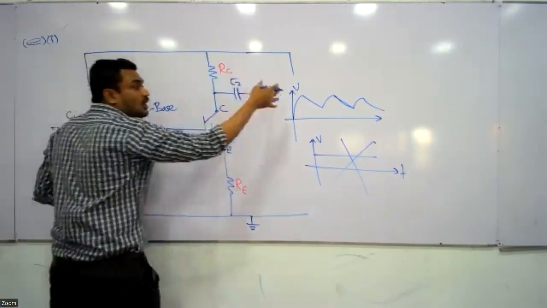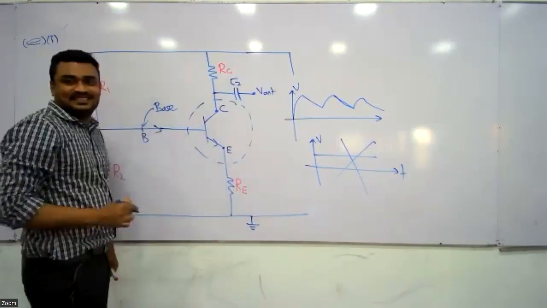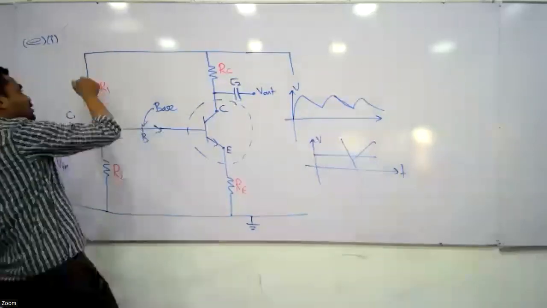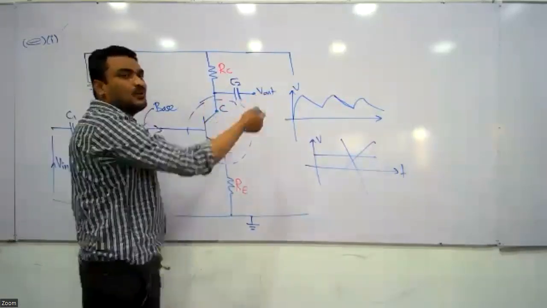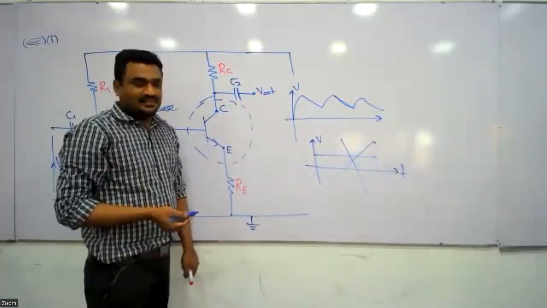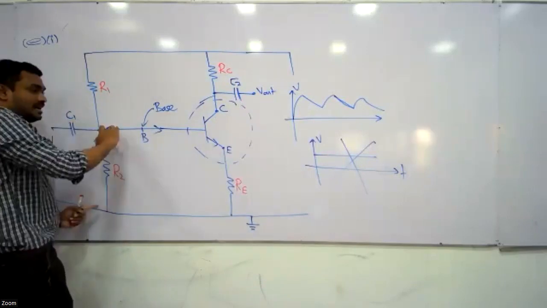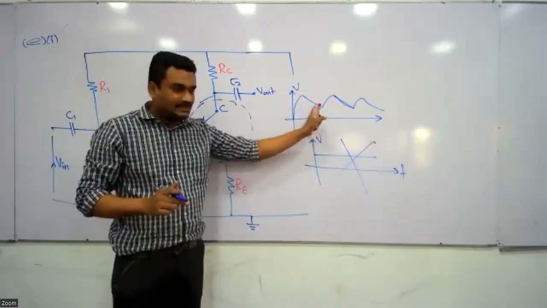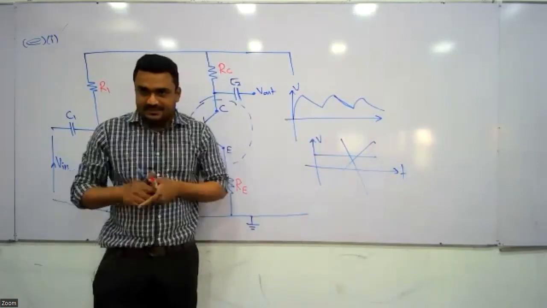Then the voltage ripples are amplified by the transistor. The transistor increases this ripple voltage. Then you will hear the sound given by the mic, and you will also get a hum sound, a noise, because of these ripples. Can you understand it?